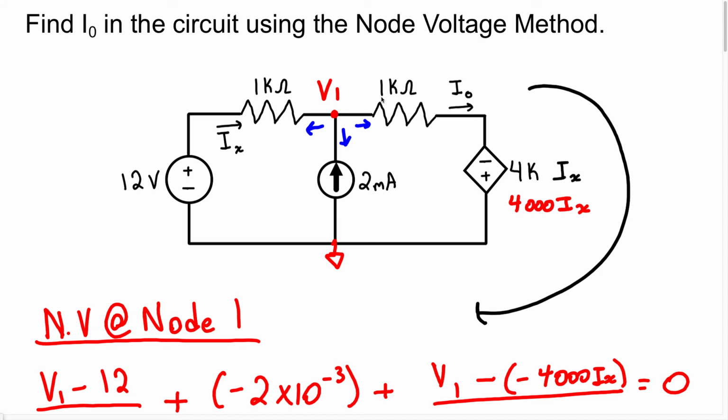So I'm just going to label the polarities before we begin. Because the current is flowing in this resistor, I know the current is going to flow in the positive terminal and out the negative terminal for that resistor. And for this resistor, I'm assuming the current is flowing from the positive terminal to the negative terminal.